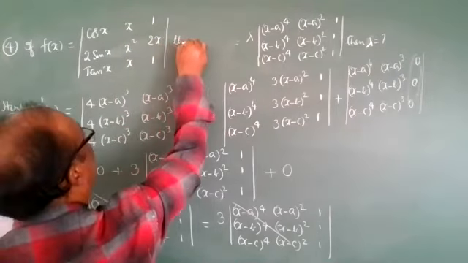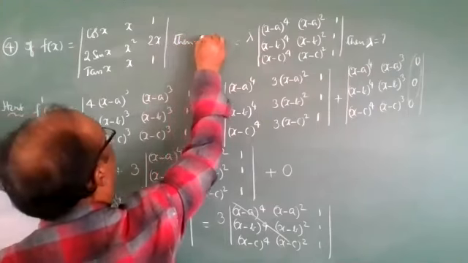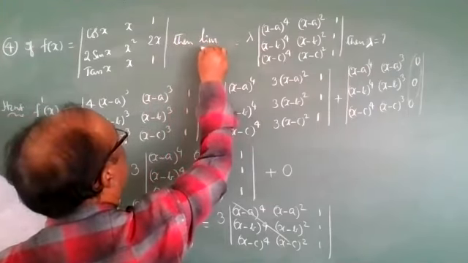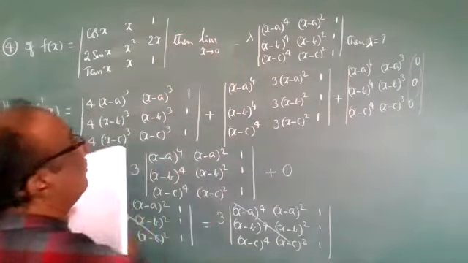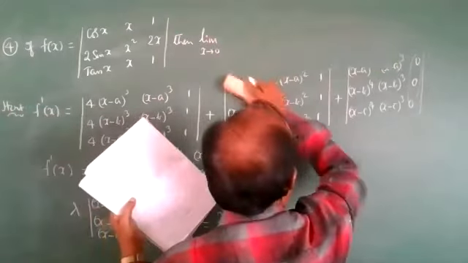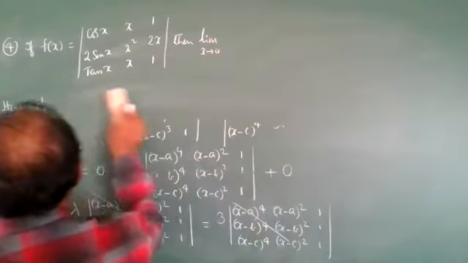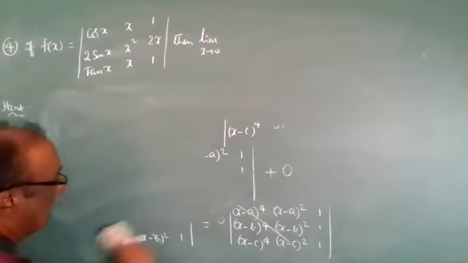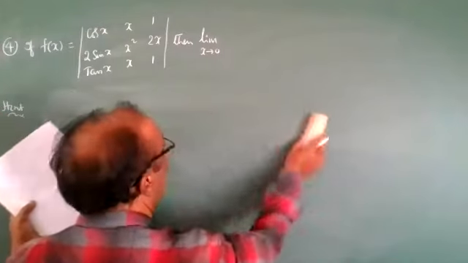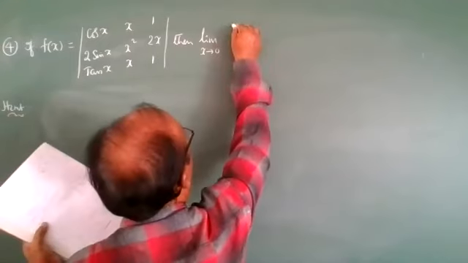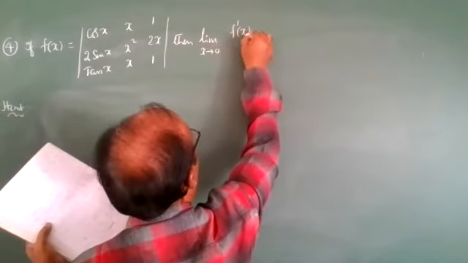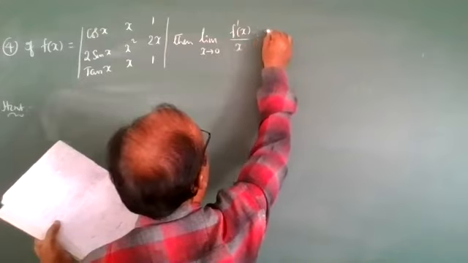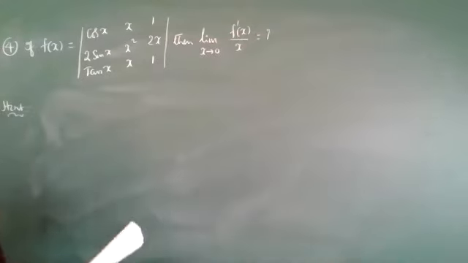Then limit x tends to 0 of f dash x by x value is. Now this is the given problem.